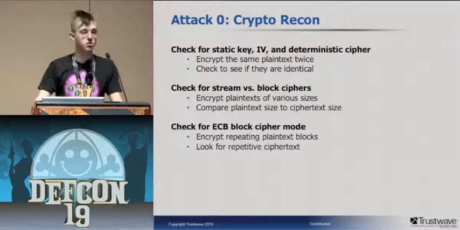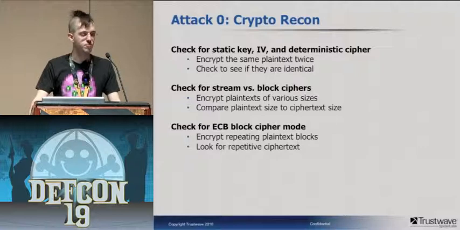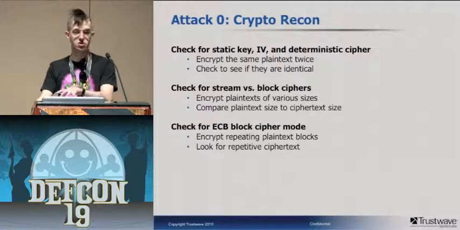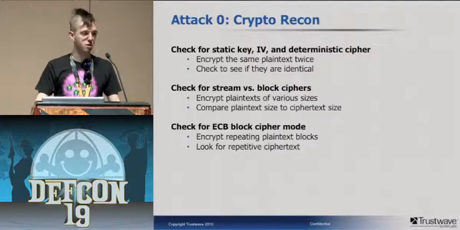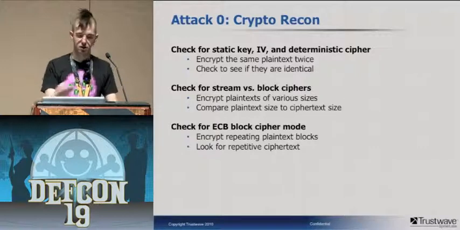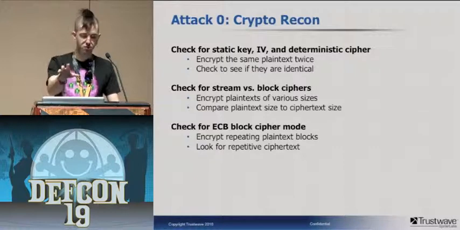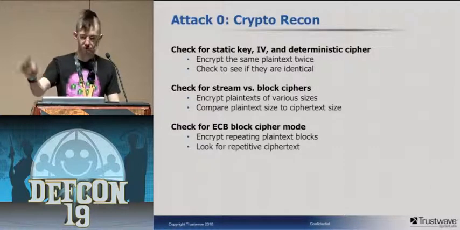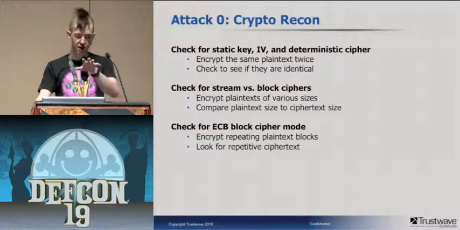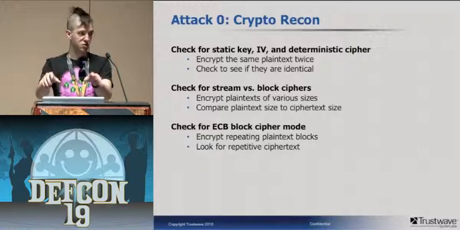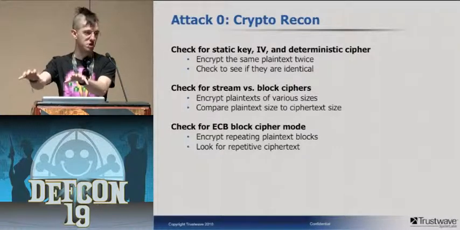You can also check for ECB block mode. So this is a little bit different from CBC, which I described earlier, in that each block is independent of other blocks and are encrypted independently. So if you have repetitive plain text like 8 uppercase A's, 8 uppercase B's, 8 uppercase A's, 8 uppercase B's, and that's your plain text, your ciphertext is going to have blocks 1 and 3 being identical and blocks 2 and 4 being identical.